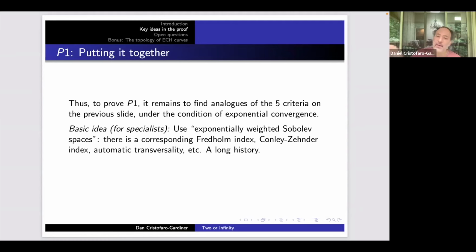So if I actually have exponential convergence, even if my contact form is degenerate, I still get a Fredholm problem, by building exponential weights into my Sobolev space. And then I still get a Conley-Zender index, so I can make sense of the Conley-Zender index being odd, and I still get even a notion of automatic transversality that actually holds, for the right criteria.